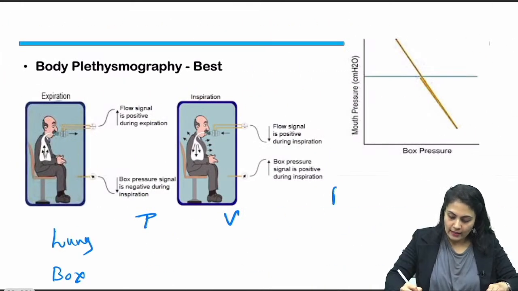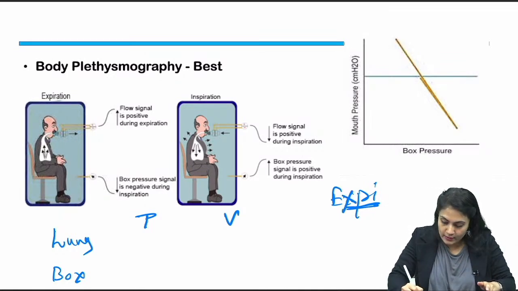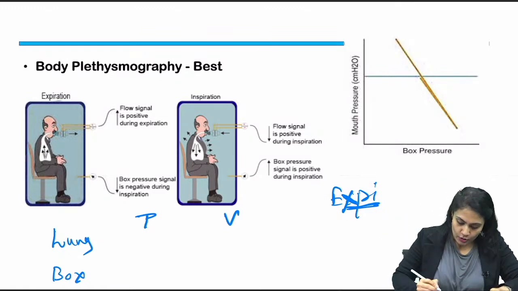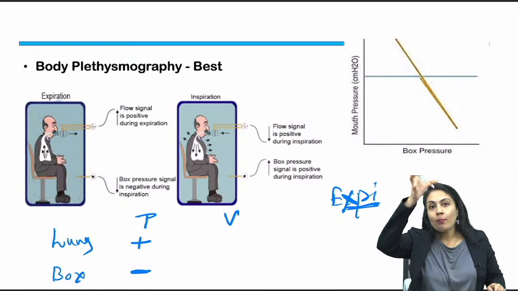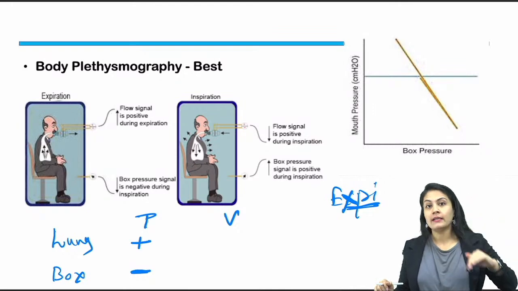We know that during expiration the pressure should be positive, so you can remember X as positive. So there will be positive pressure in the lung. But understand, the pressure is maintained in the box because he's inspiring and expiring in the box itself, right? So the box pressure decreases.